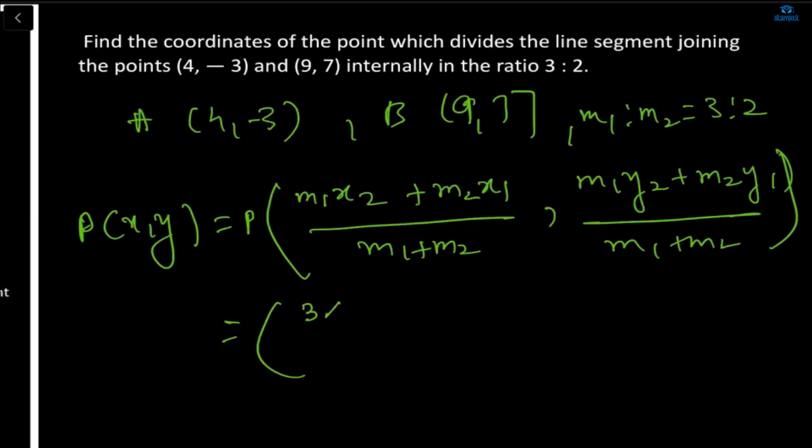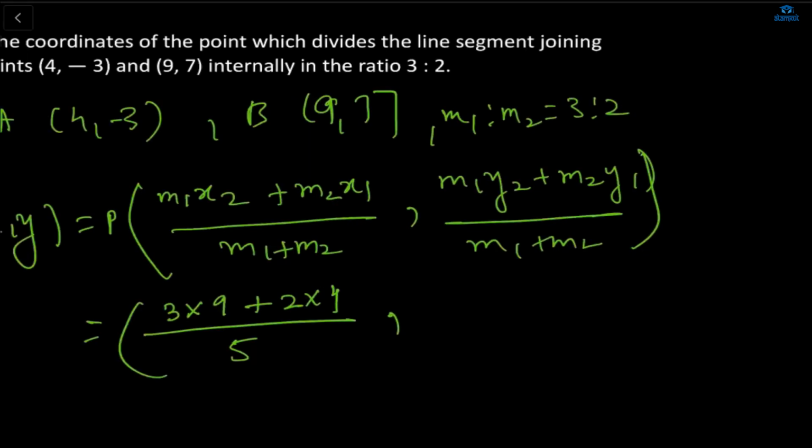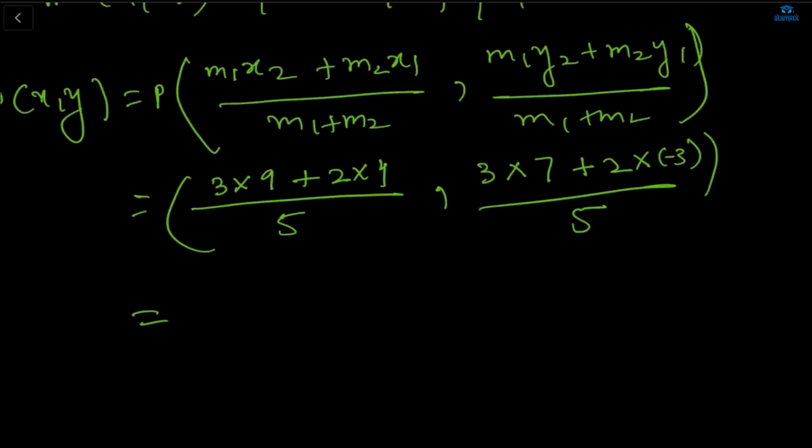3 multiplied by the x2 value, which is 9, plus 2 multiplied by 4, upon 5. Understood? And here, 3 multiplied by 7, plus 2 multiplied by -3, upon 5. Now you just have to multiply and write.